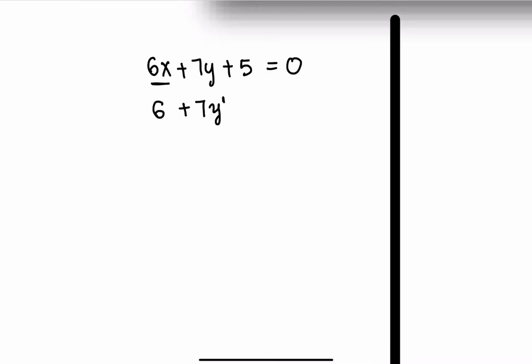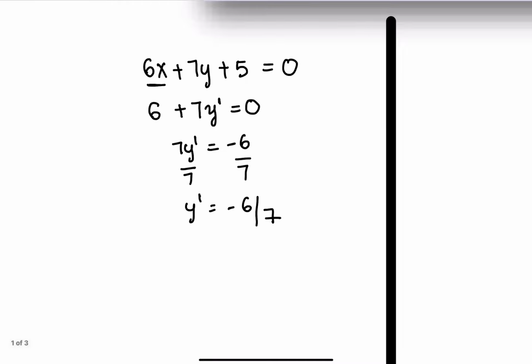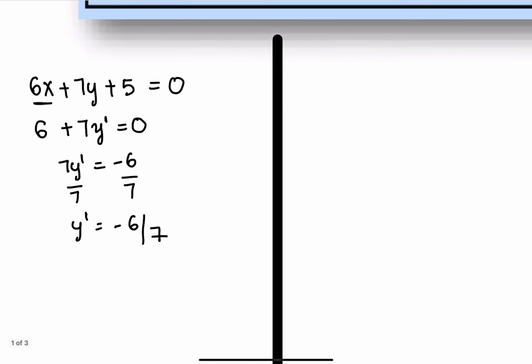Derivative of 5 is 0 is equal to 0. And now how do you solve for y prime? You subtract both sides with 6 and then divide by 7. So y prime is negative 6 over 7. This is implicit differentiation.